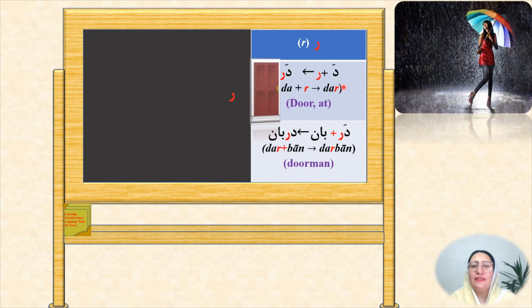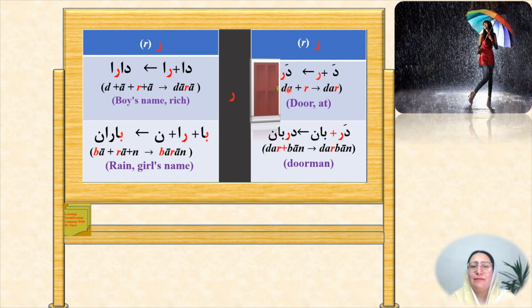The combination of da and the letter re results in the formation of a new word dar, which means door and at. The combination of dar and ban results in the formation of a new word darban, which means doorman.